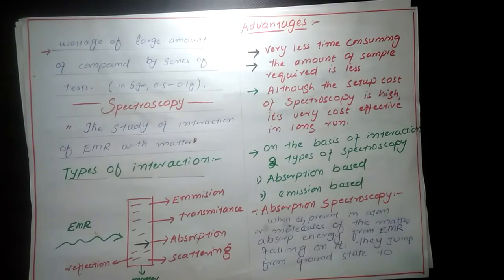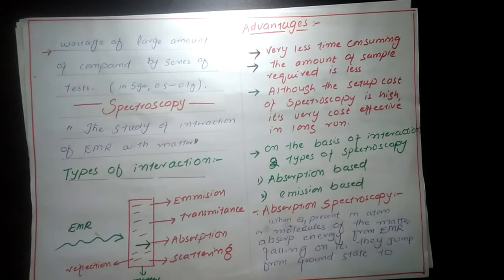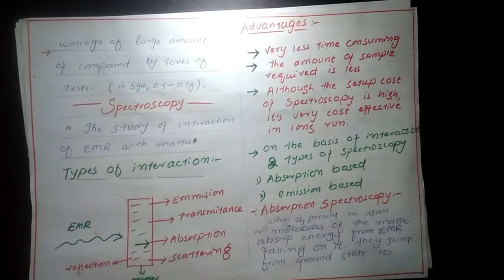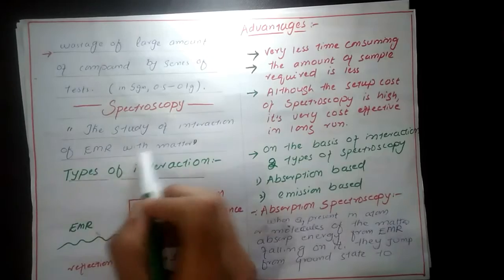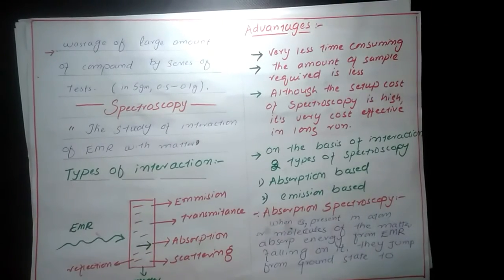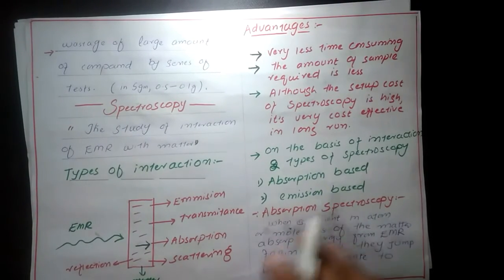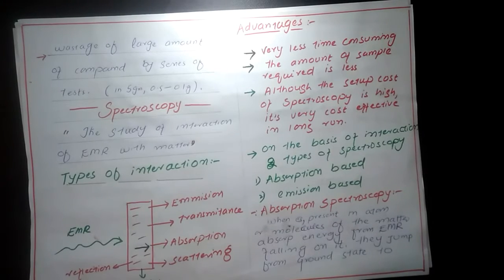Now let's come back to our main topic, spectroscopy, as we have already defined what it is. It is the study of interaction of electromagnetic radiation with matter, right? But the interaction could be of many types.